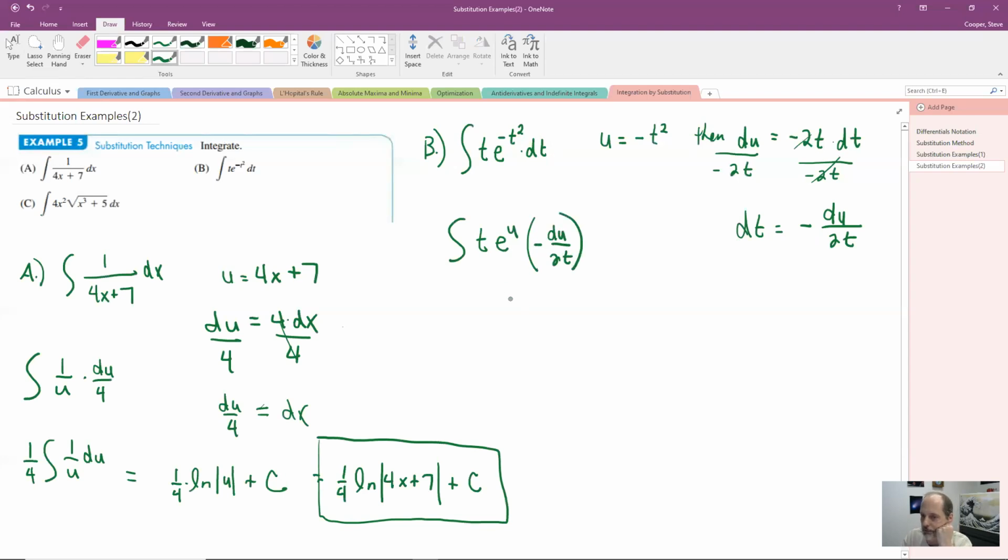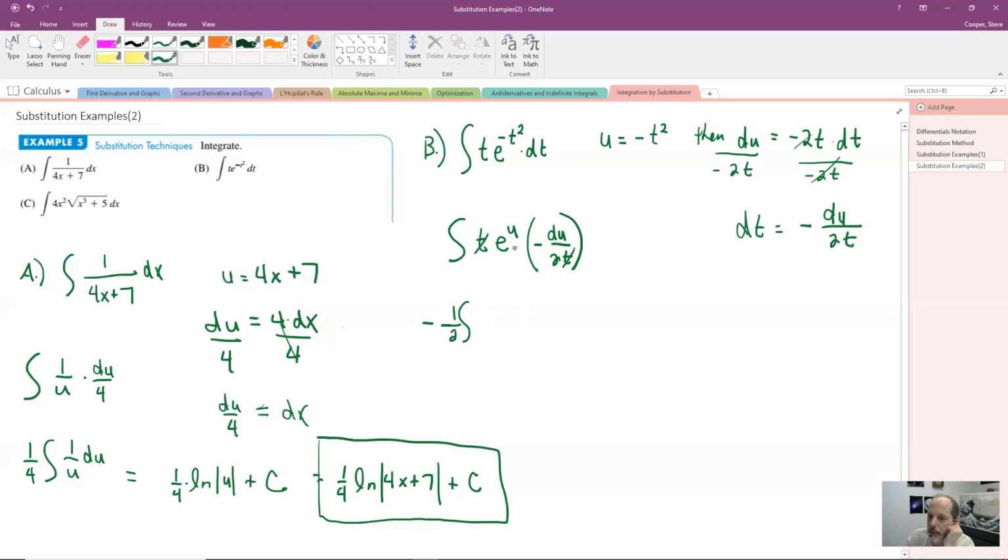Okay, and it looks like there's still a t in there muddying things up. We need it to be all in terms of u and du, but we have a t in the denominator in this factor, and we have a t in the numerator, and they cancel each other out. So there is no longer a t, and I have the integral, and I'm going to put the negative 1/2 out here.